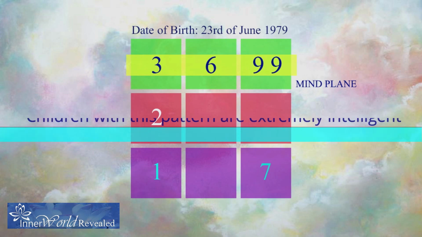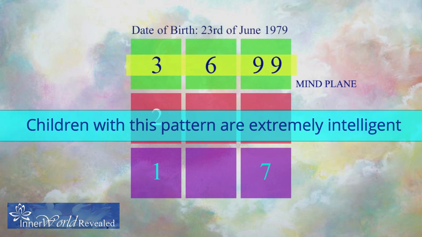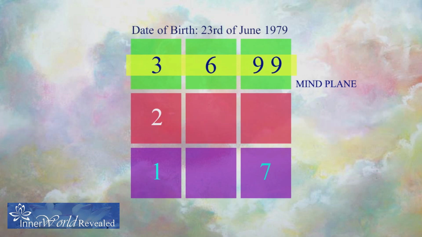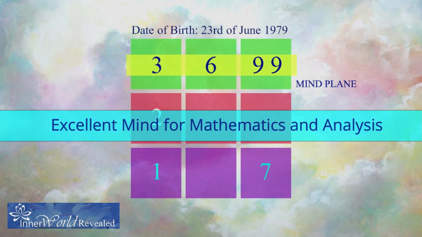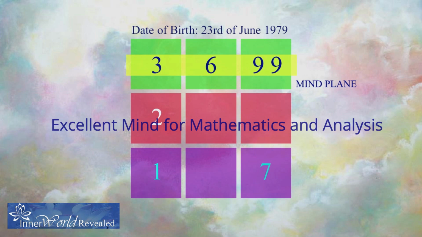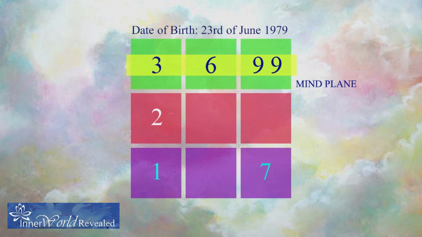Children with such patterns are seen to be extremely intelligent and are often the toppers of their classes. The advantage of intellect that they have over other people makes them a bit snobbish even. People with this pattern would especially seem to be excelling in mathematics and other subjects which are based on analysis and research.